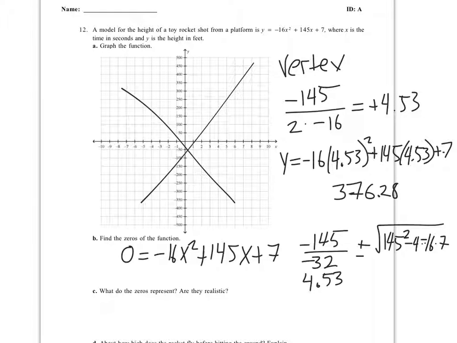So we've got 145 squared minus 4 times negative 16 times 7. And I think my calculator messed up because I'm using my phone. When done correctly, that should end up being plus or minus the square root of 21,473. That's also over negative 32.